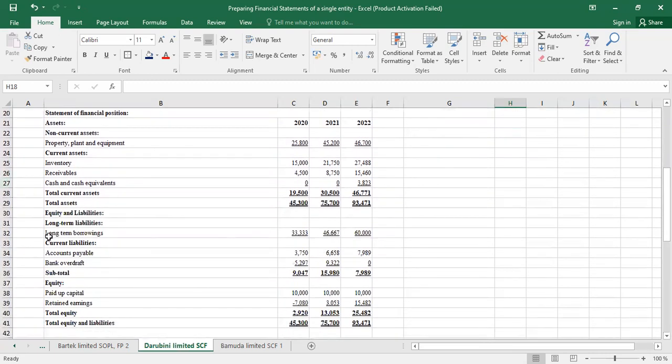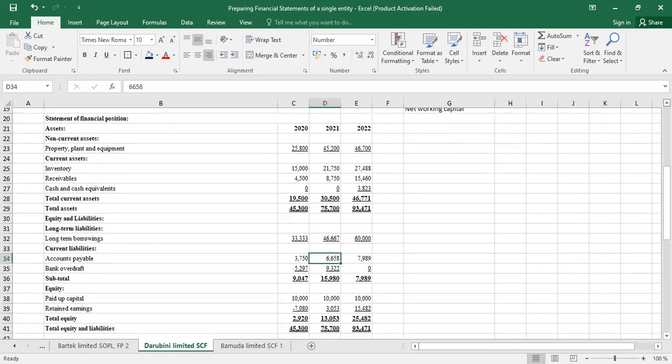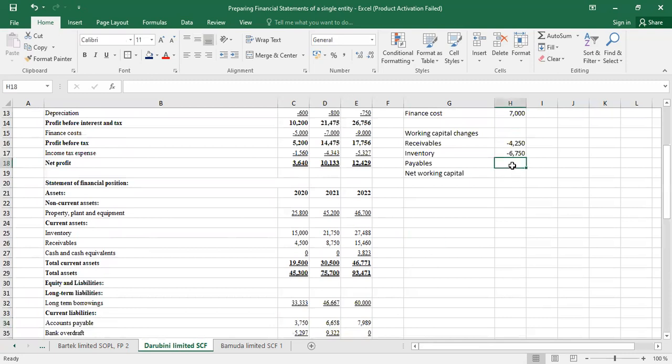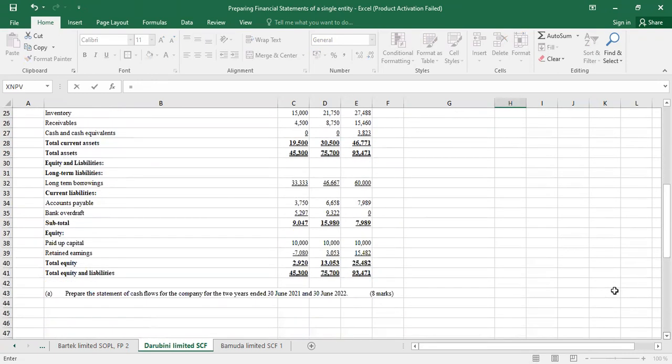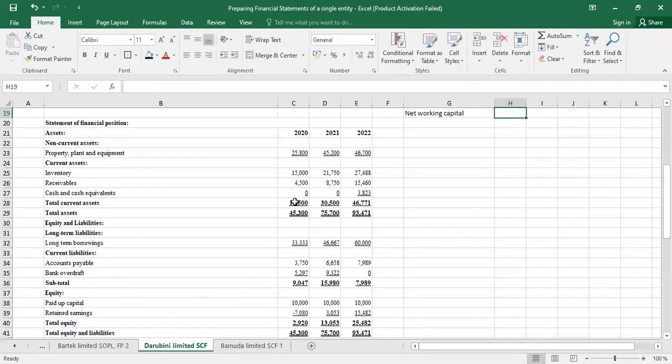Where is it? Yeah, so this one will be current value. Sorry, I had not started with equal sign. So equal, I'll go back there. Payables, so the current value minus the previous value, isn't it? Enter.